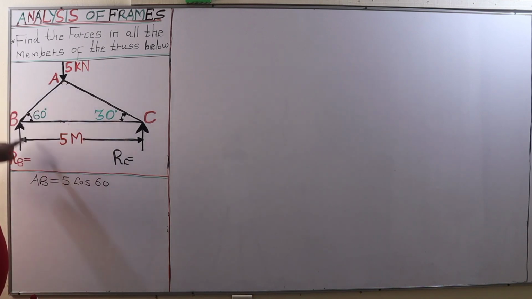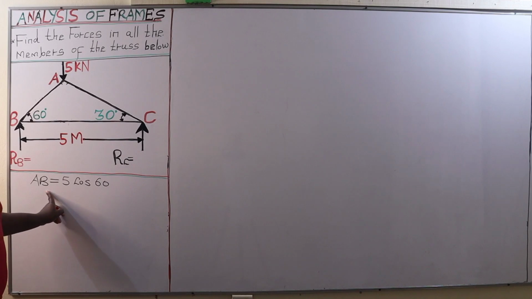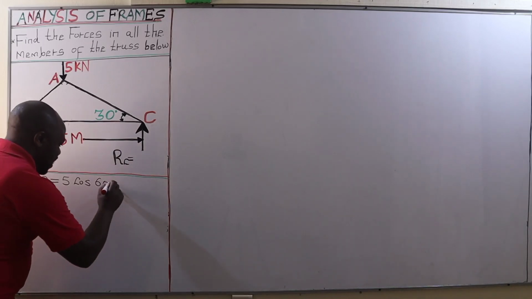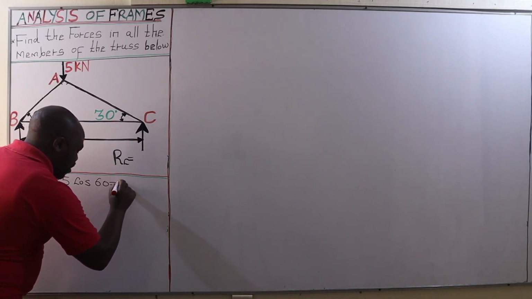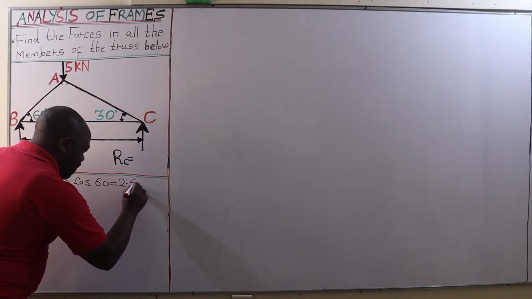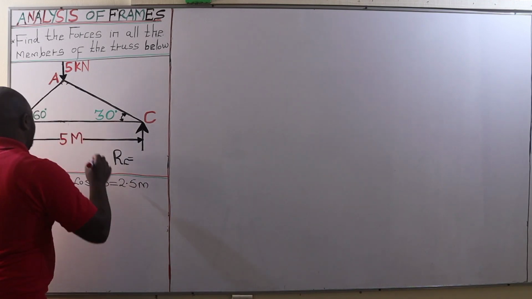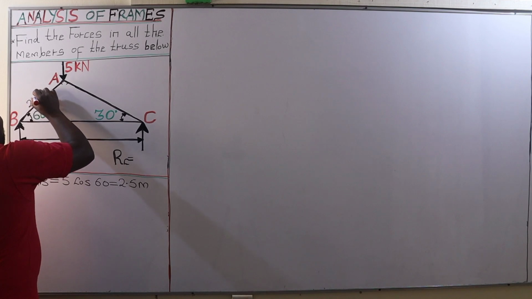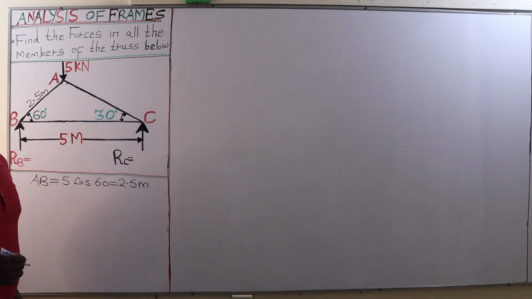This is the adjacent we are looking for, and this is the hypotenuse, and this will be equal to 2.5 meters. Therefore, we come to our member AB and we write 2.5 meters.